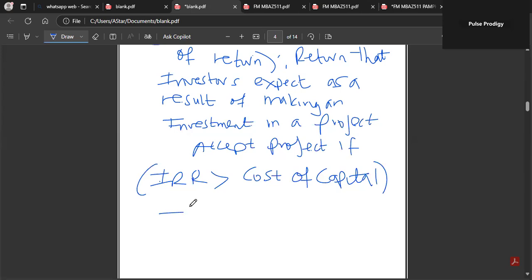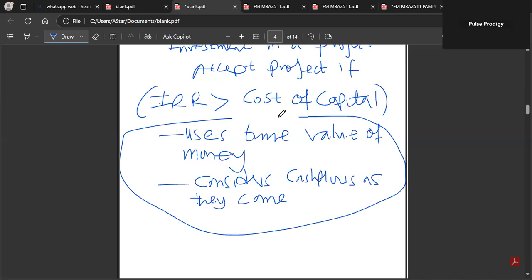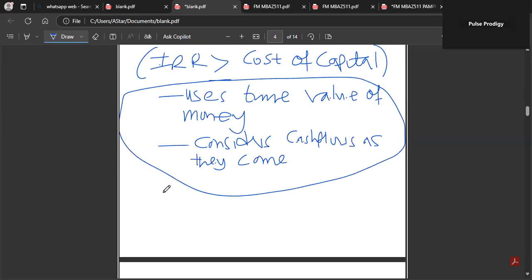Then this one uses the time value of money, and of course considers cash flows as they come. These can be the strengths or the merits.